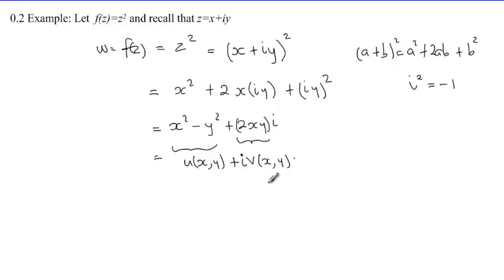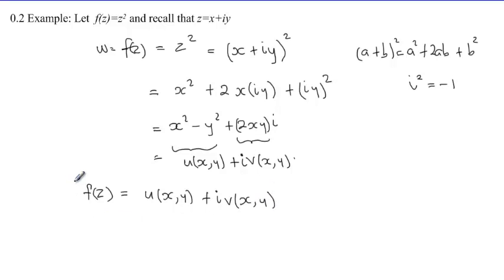Now at this stage we should learn that a complex function f of z will always come with the same structure as complex numbers: the real part u, a function of x and y, plus the imaginary part v, a function of x and y.